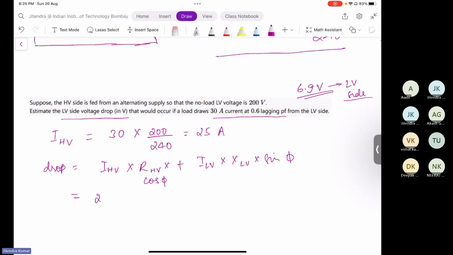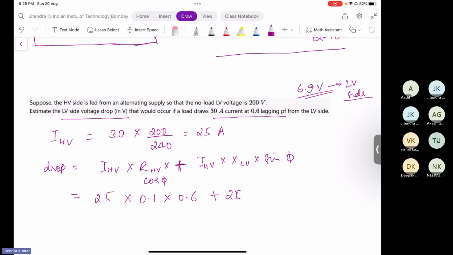So IHV is 25, R is 0.1, cos phi is given 0.6. I am using the plus sign here because lagging power factor is given. For leading, you could have seen the derivation in the lecture, or you could derive it yourself. It will come out to be negative.